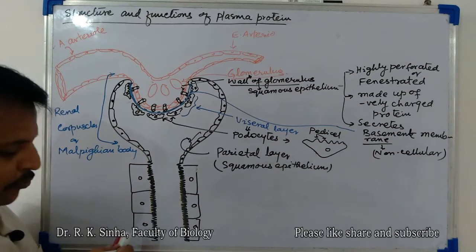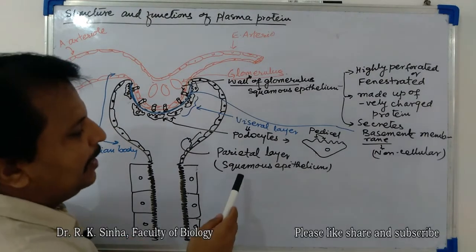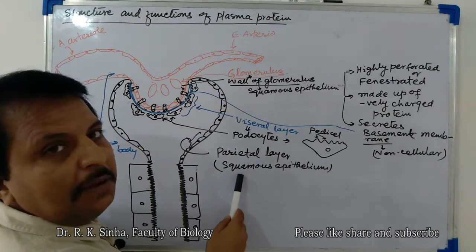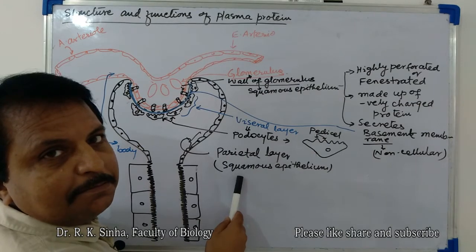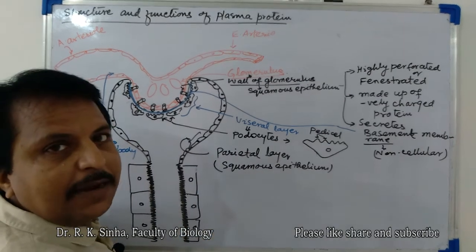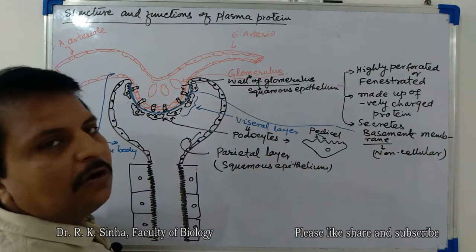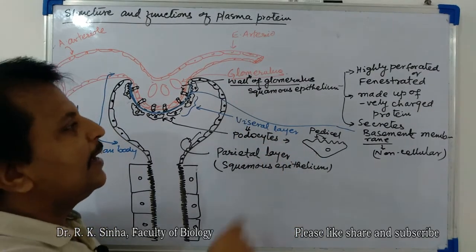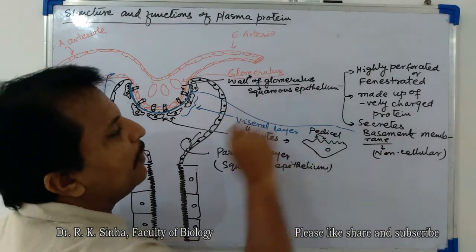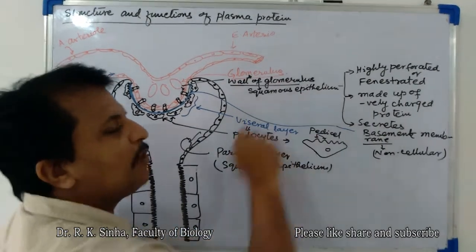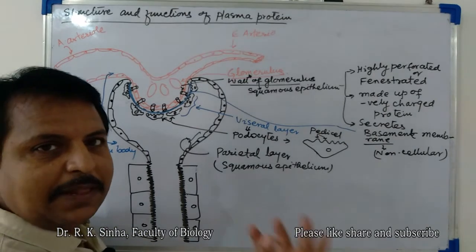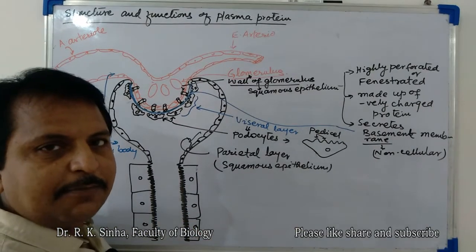The parietal layer is similar to the wall of the glomerulus, meaning it is made up of squamous epithelium. The wall of the glomerulus is also made up of negatively charged protein. What will be the role of this negatively charged protein?